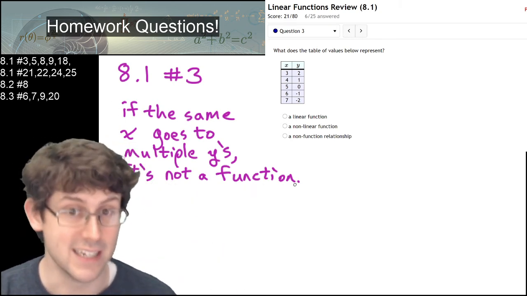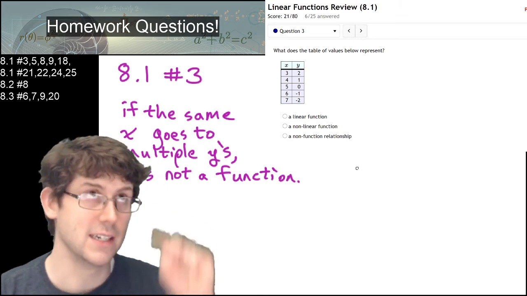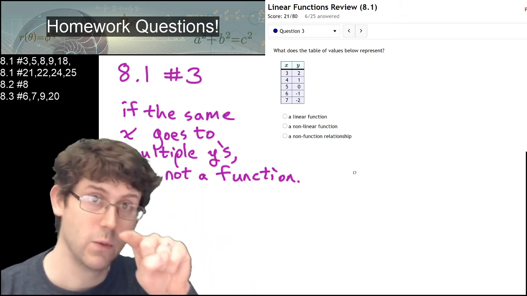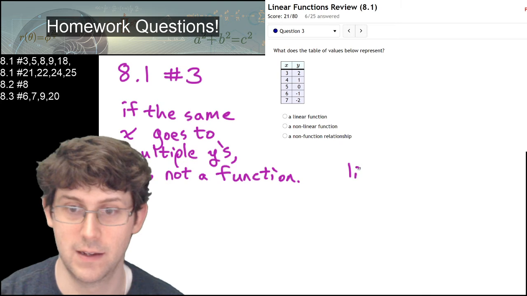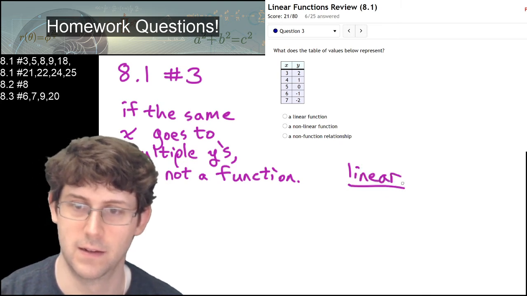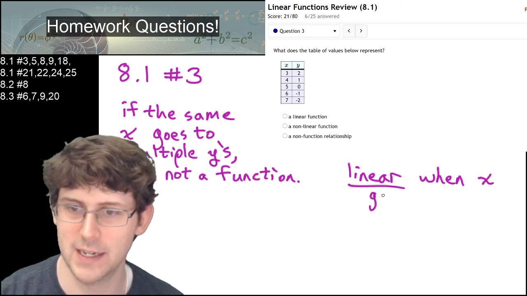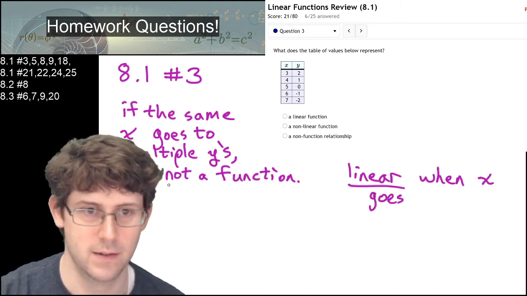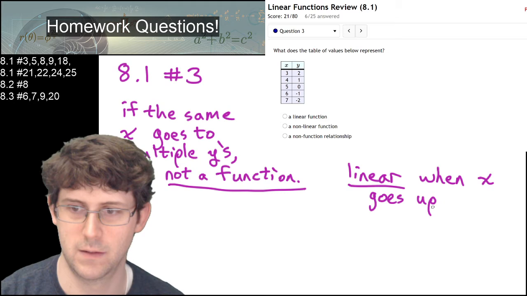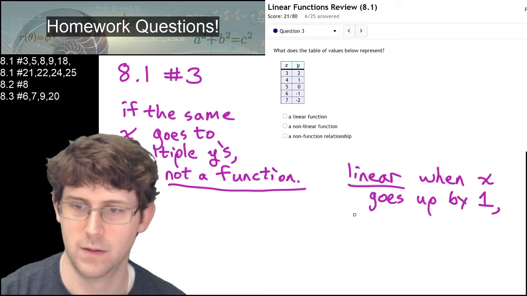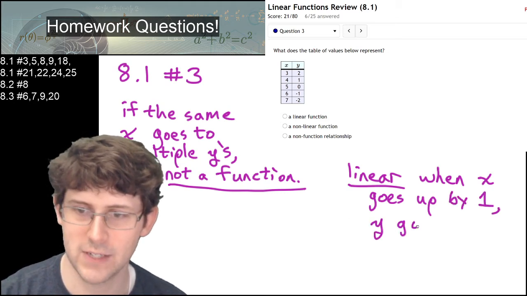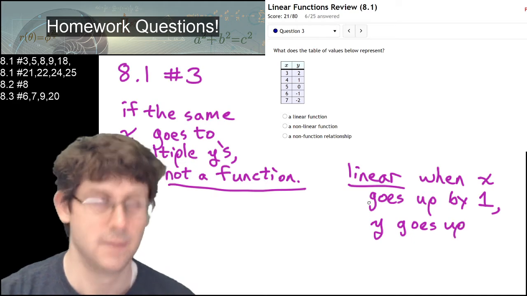Then to see if it's a linear function, each time x goes up by 1, y goes up by the same amount. It has a constant slope. So when x goes up by 1, y goes up the same amount.